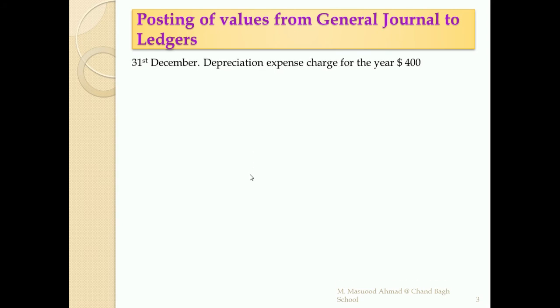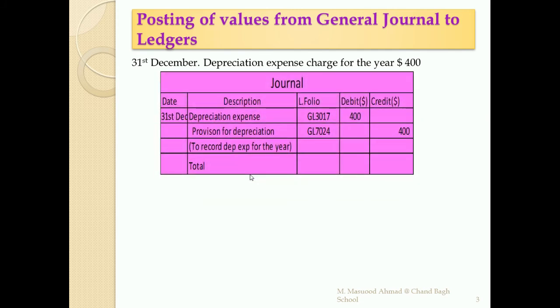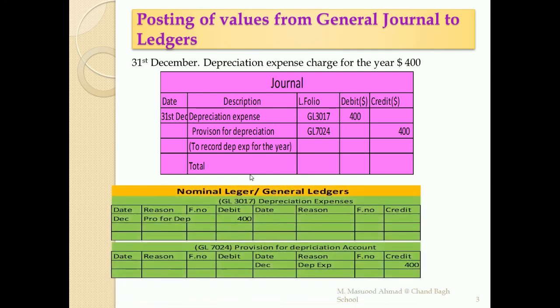So here is your transaction on 31st December, depreciation charges for the year, $400. That is the same journal entry which we have already seen, and now we are going to discuss the posting at the bottom. You can see that nominal ledgers are there. There are two ledgers: one is your depreciation expense ledger, and the other is your provision for depreciation ledger.